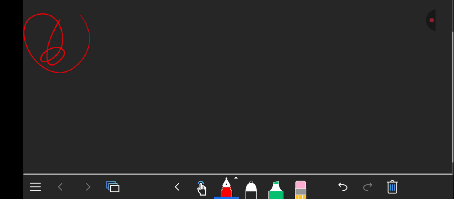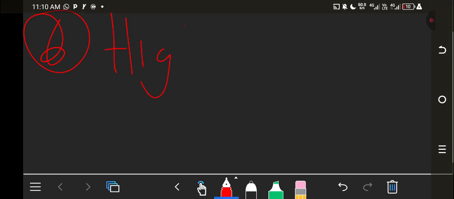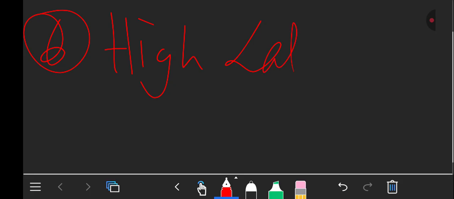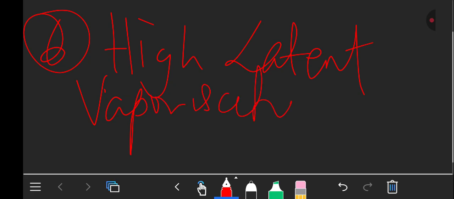Then let's look at number 6, the property known as high latent heat. Water has a high latent heat, and the latent heat we are talking about is the latent heat of evaporation, or latent heat of vaporization. What is latent heat?